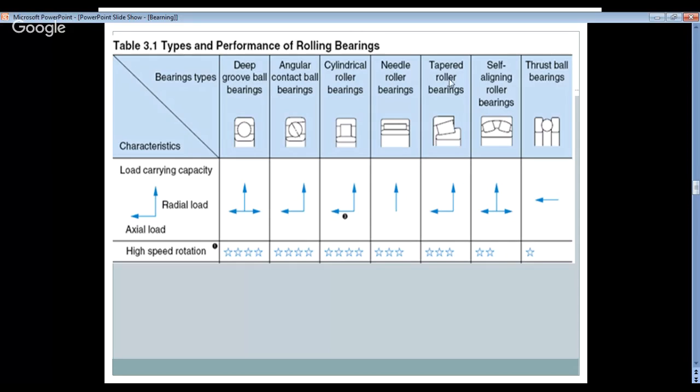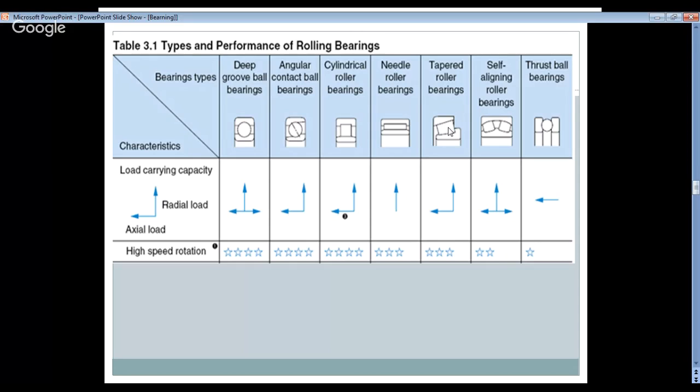Taper bearing for both. Obviously, there is a difference between taper bearing and roller bearing. In both types of bearing, element is roller, but in taper bearing, roller is inclined with respect to horizontal axis, or you may say longitudinal axis of a shaft system.